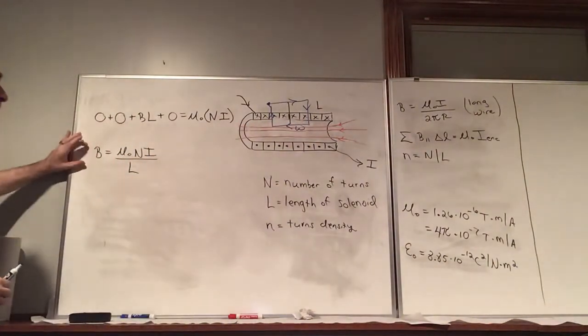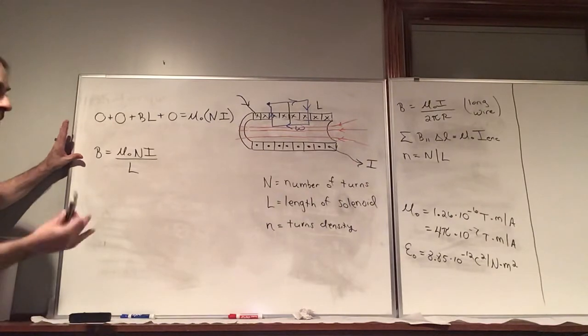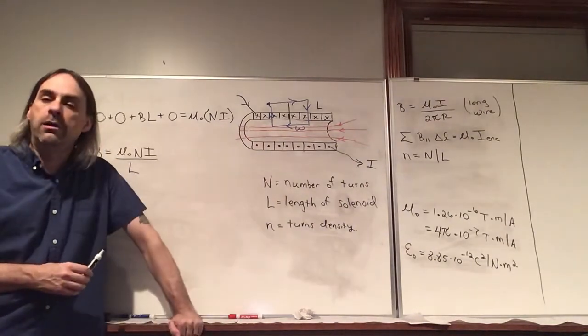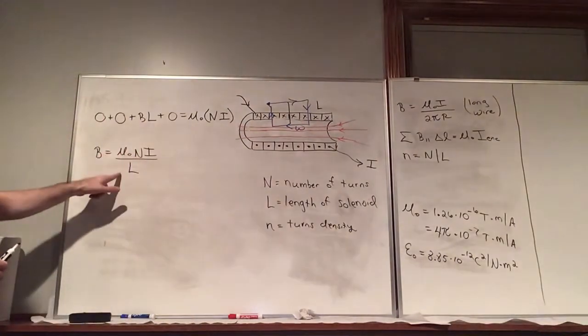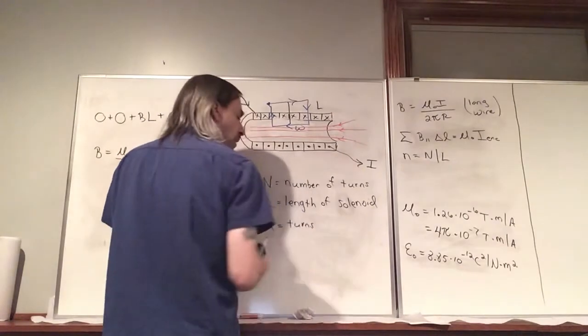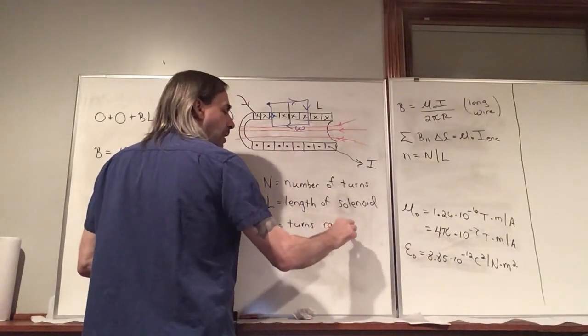So this is a little bit of an approximation. We're ignoring edge effects. But again, it's not a problem. This gives us a very realistic result for the magnetic field. And this big N over L is the turns ratio. Yeah, I think it's called the turns ratio, not density. Whatever you want to call it.